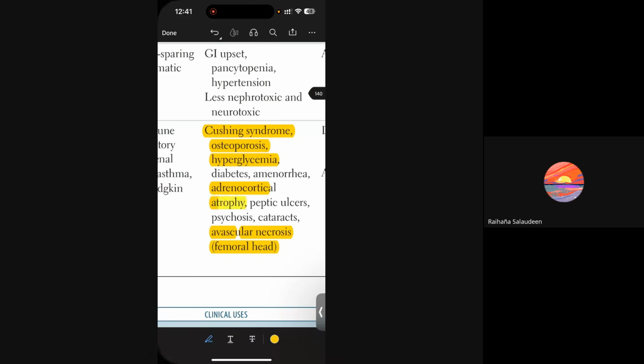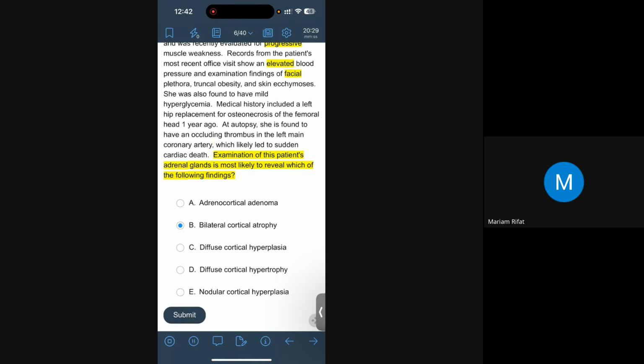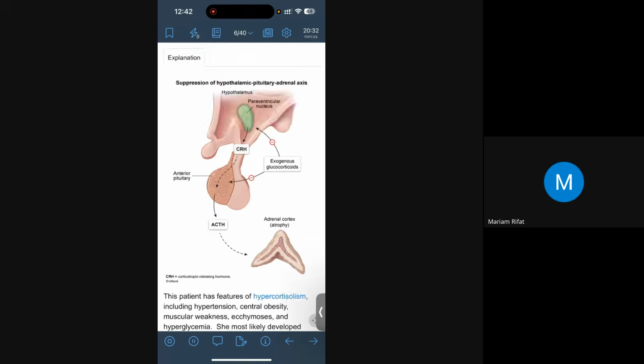Yes, the patient has a hip replacement for osteonecrosis of the femoral head. That's osteonecrosis due to the exogenous steroids, due to the glucocorticoids. What will be the answer here? B. Adrenal cortical atrophy, because it is iatrogenic, exogenous.